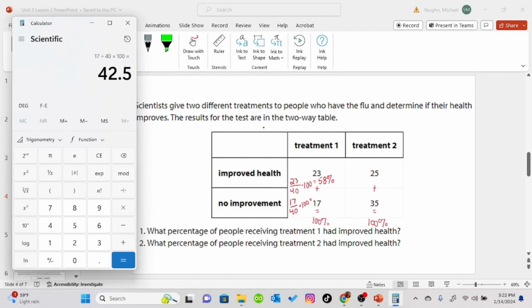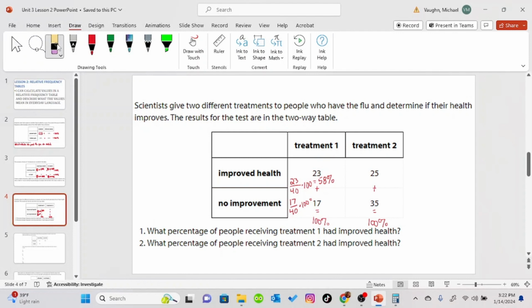So we should probably go ahead and go to 1 decimal place here. So 57.5%. And this one was 42.5%. And when we add these percentages together, we get our 100%. So, number one, what percentage of people receiving treatment 1 had improved health? That was 57.5%.